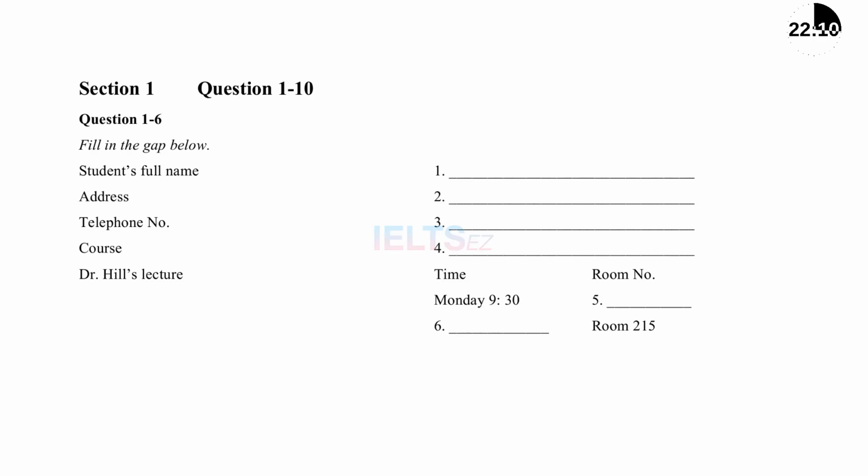Section 1. Miss Wang is going to register for her first year social science course. As you listen, fill in the gaps numbered 1 to 6. First you will have some time to look at questions 1 to 6.